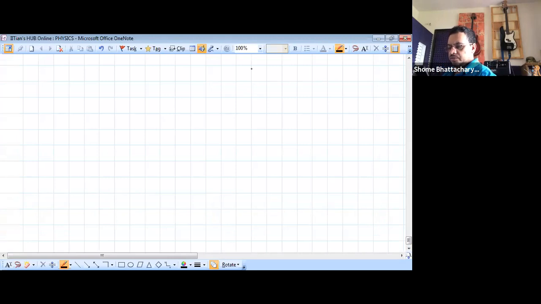So question 15. E1 and E2 are two unit vectors which are non-collinear. First of all, it is given that E1 and E2 are non-collinear unit vectors.